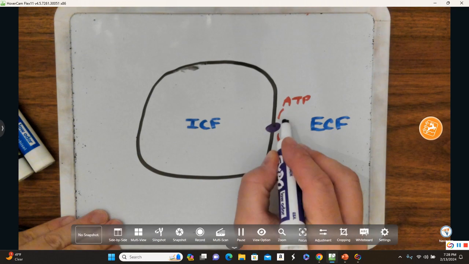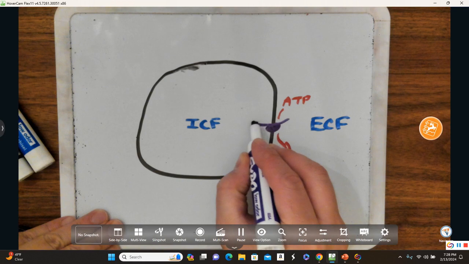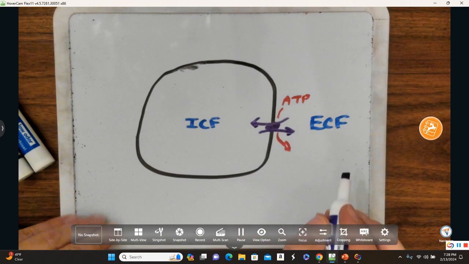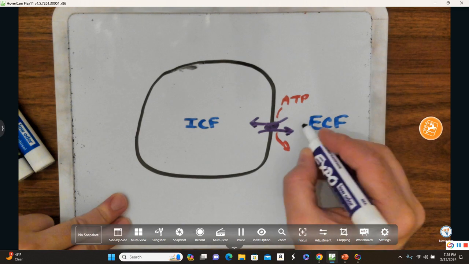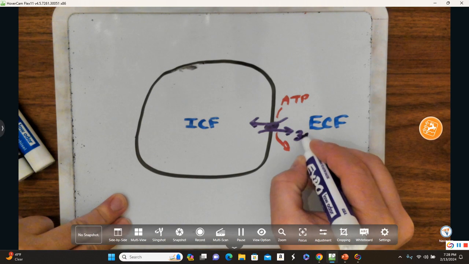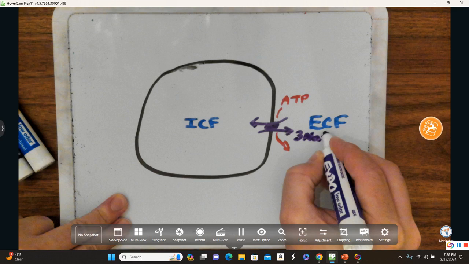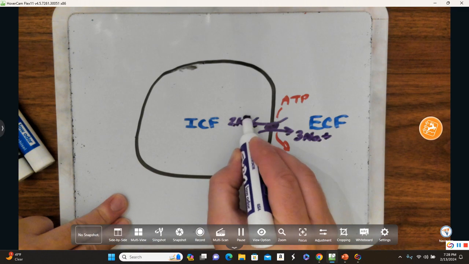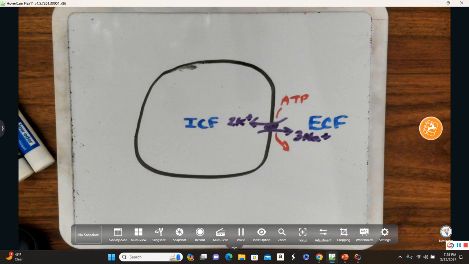One of the things it allows it to do is to pump in so much stuff and pump out so much stuff. It might pump out 3 sodium cations and pump in 2 potassium cations, for every ATP we give it.